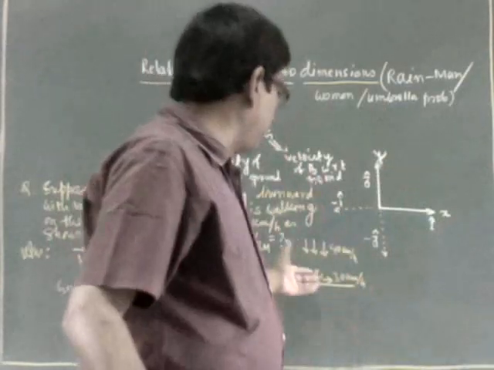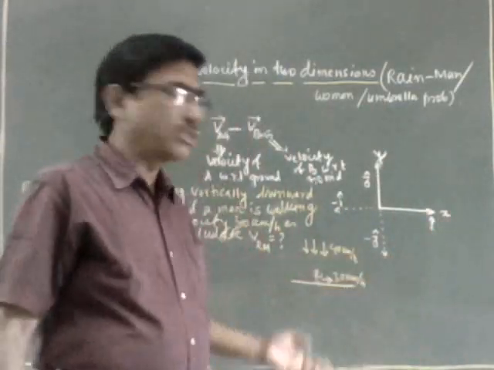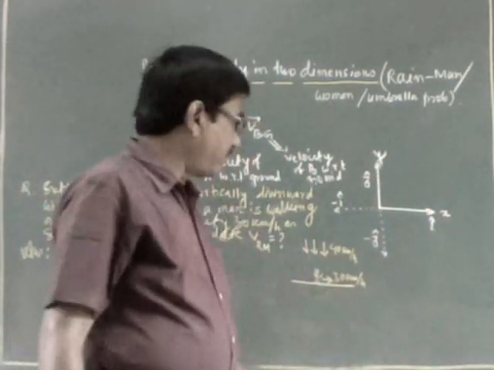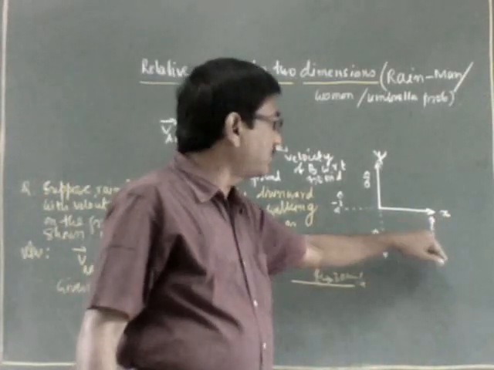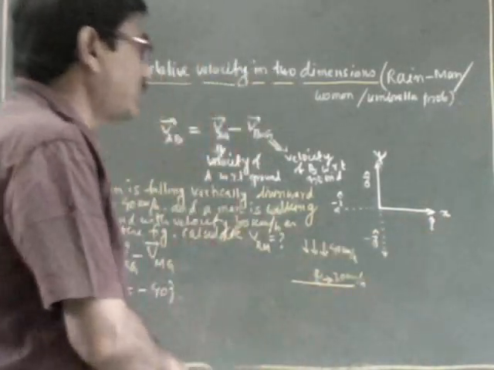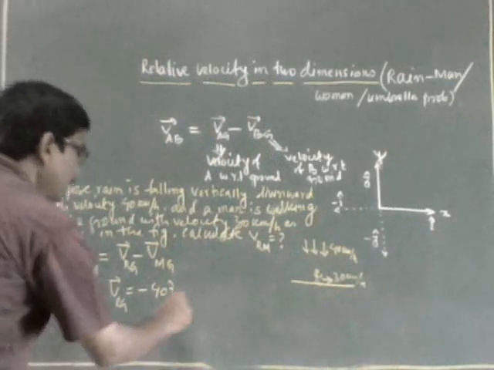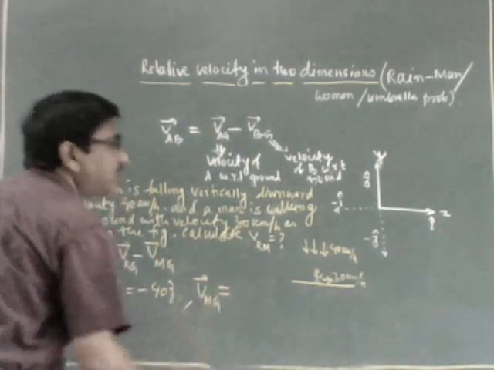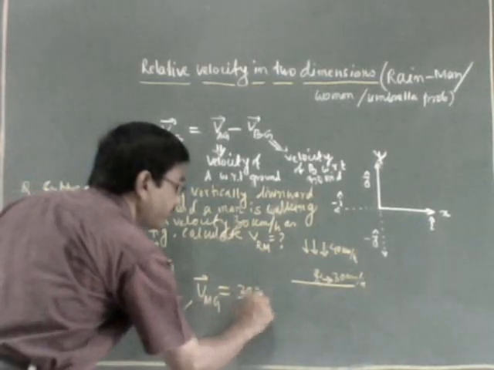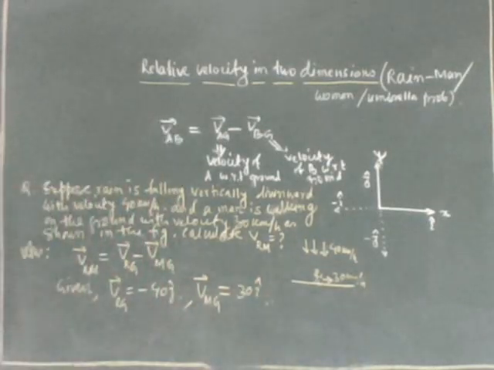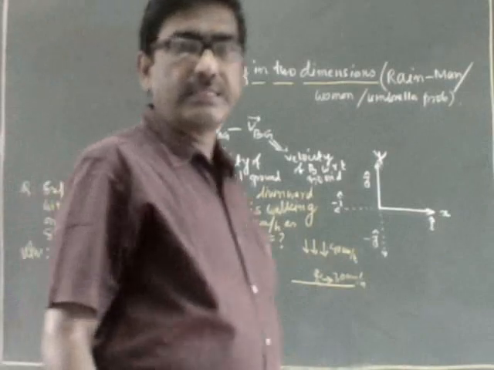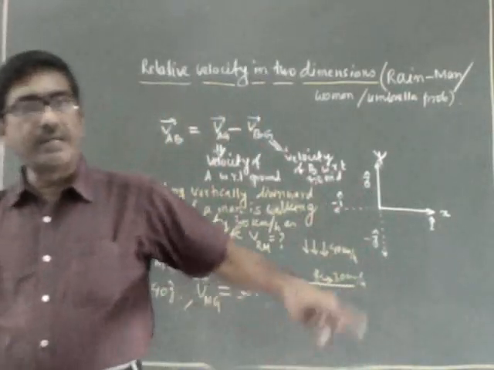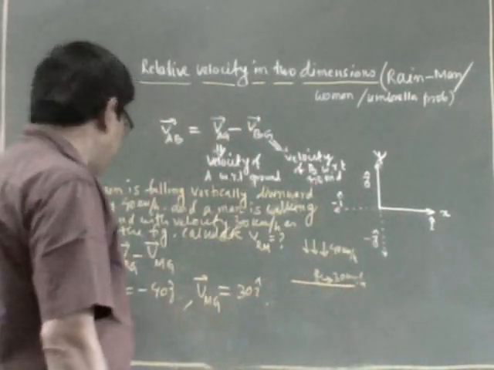He will observe that this man is moving with a velocity of 30 km per hour along the x-axis, so plus i. So velocity of man with respect to ground is equal to 30 i. It is given. Then what will be VRM?